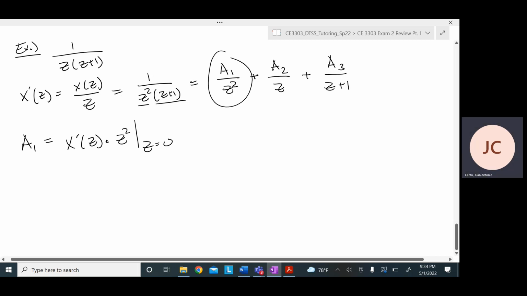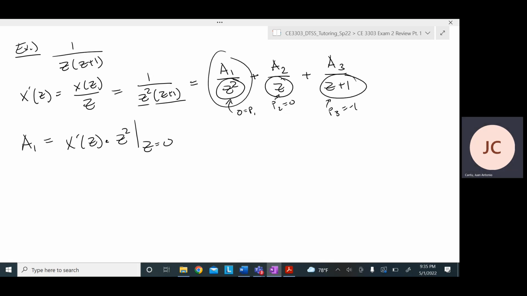And by the way, the pole is just what makes this denominator term equal to 0. So obviously here 0 is our pole. Our pole 2 is also 0. And here pole 3 is -1, because -1 plus 1 will get you 0, and now we have 0 in the denominator. If you have 0 in the denominator, that drives you to infinity. And that's why.